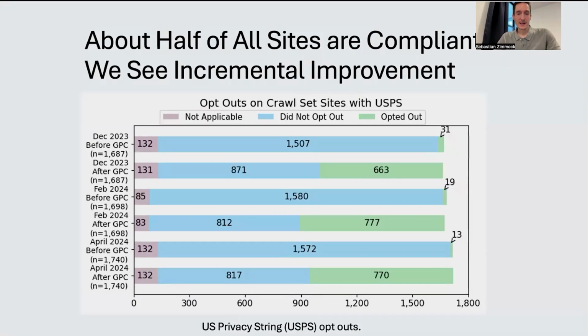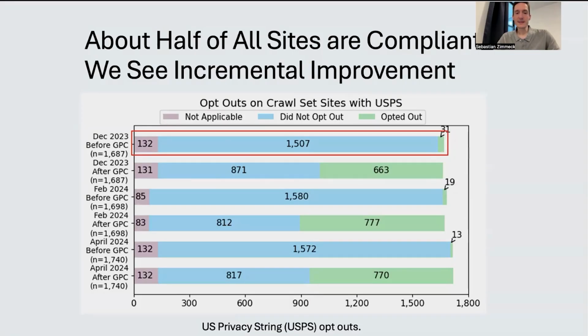Here you can see 3 different time periods, each with 2 bars. So for example, for December 2023, before we sent a GPC signal, there were 1,507 sites that did not opt us out.